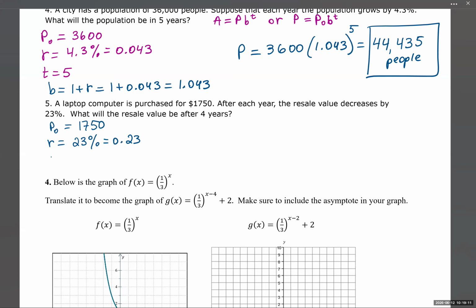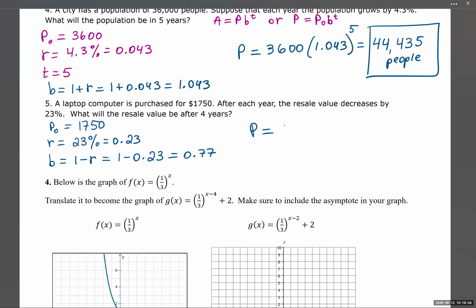So since the price is decreasing, b would be 1 minus r. So 1 minus 0.23, that's 0.77.